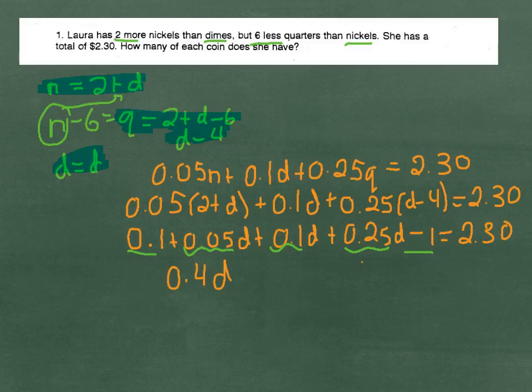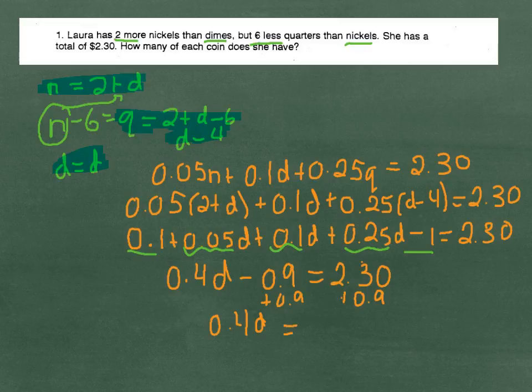And then 0.1 minus 1 is minus 0.9, and that's equal to $2.30. Then we're going to bring our 0.9 over, and we get that 0.4 D is equal to 3.2. So that means that D is equal to 8.